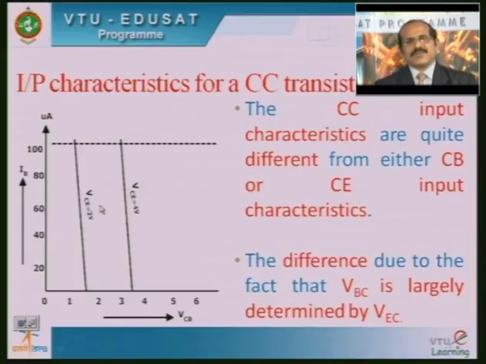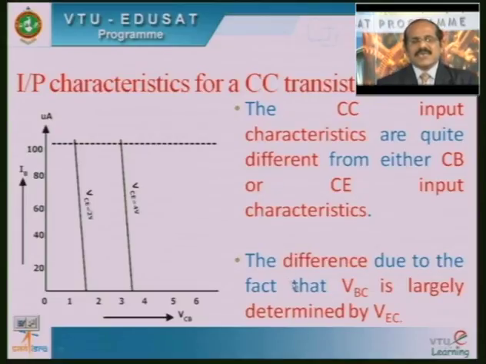You have seen that for the common emitter as well as the common base, the input characteristics are almost similar to those of a forward biased PN junction diode. However, in this case, the input characteristics of BJT in common collector configuration look totally different from either the common base or common emitter configuration.